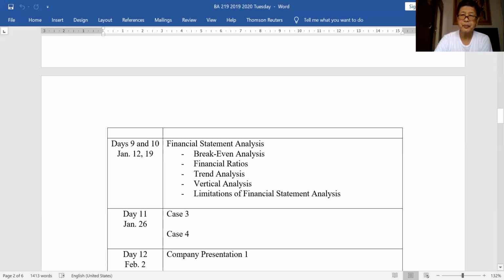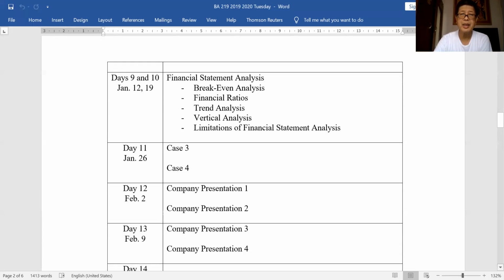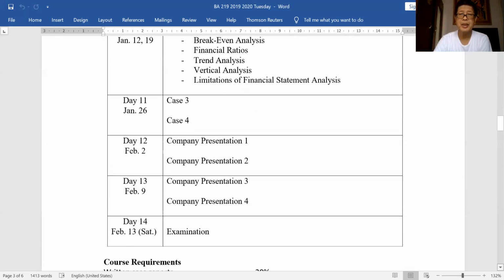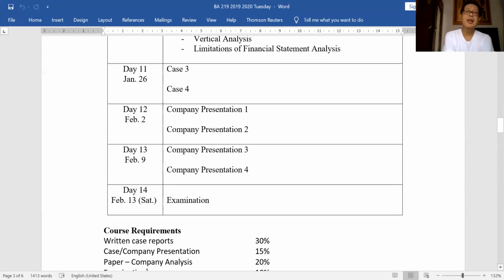And then you'll have your cases and then your company presentations. This one, I'd like to explain a little. There will be 4 cases in the course. I have 2 classes, and each class is going to be divided into 8 groups.